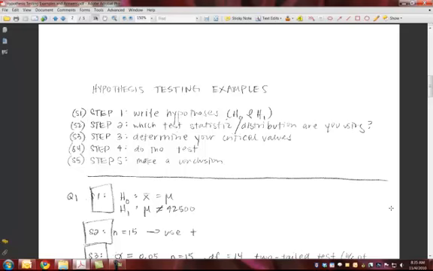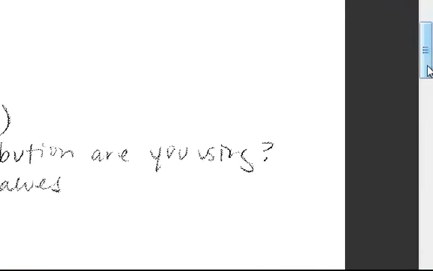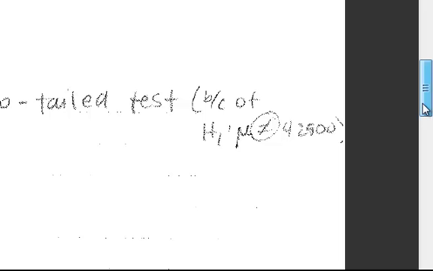First things first, we're going to write a hypothesis statement. So here we go. I'm always going to stick with this: my null hypothesis is always that the sample mean is equal to the population mean, or mu. My alternative hypothesis, though, is something that guides us regarding our test. I didn't say greater than or less than.